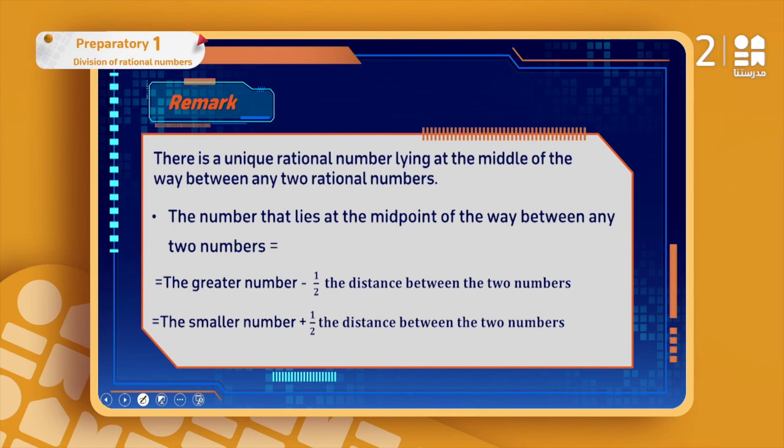So it's up to you to take any one of them. Start with the greater and subtract from it the half distance, or start with the smaller and add to it the half distance.